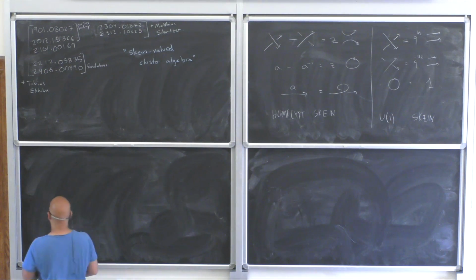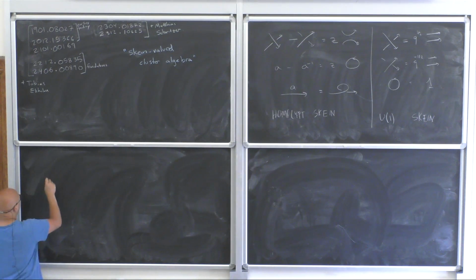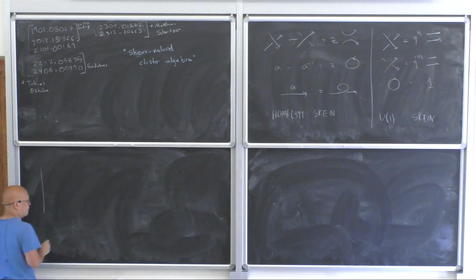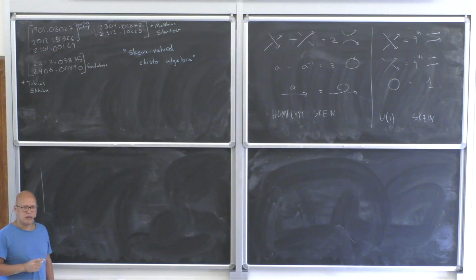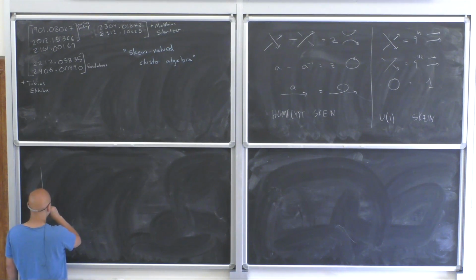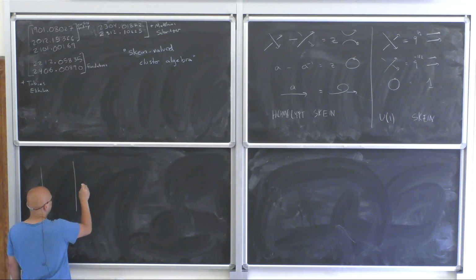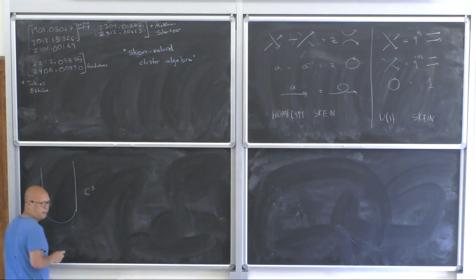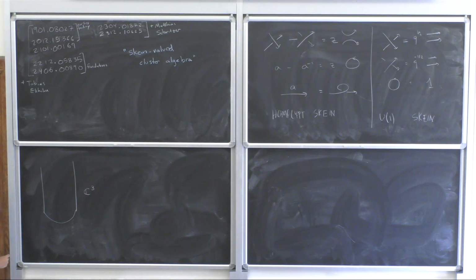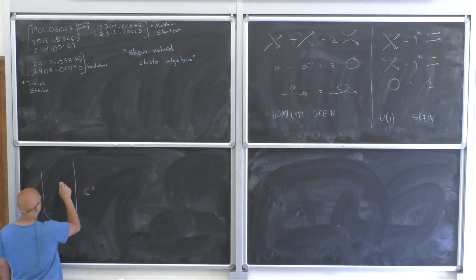So remember in Tobias' talk, and there'll be a similar thing happening today, at some moment we were, actually maybe this didn't appear in Tobias' talk. So remember there was some situation where you had some space. In Tobias's talk, it was C3. Okay, and then you had some Lagrangian.